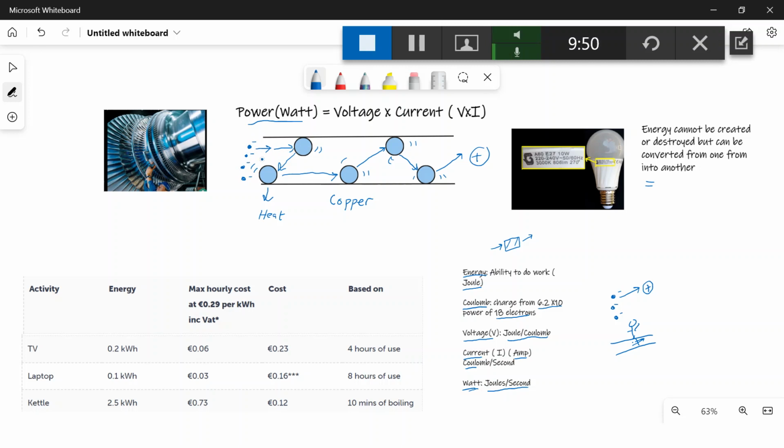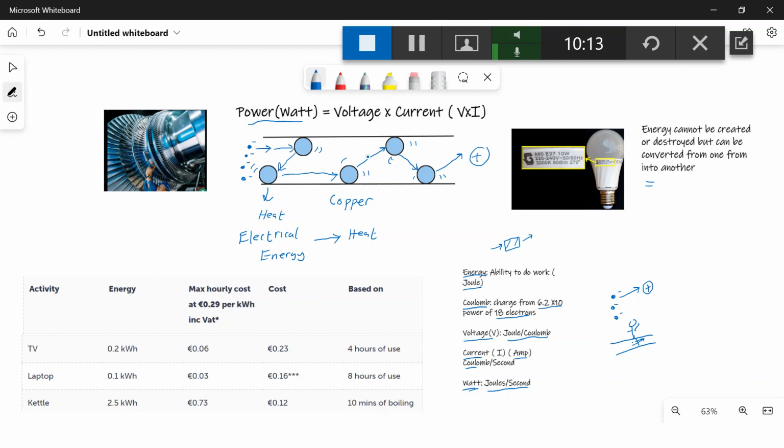So what you're getting is this conversion of one form of energy, electrical energy, into heat energy. So it's being lost as heat.